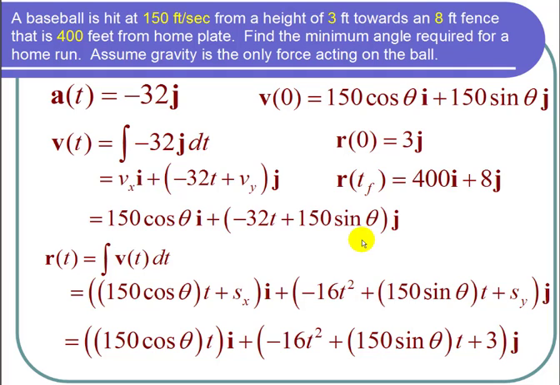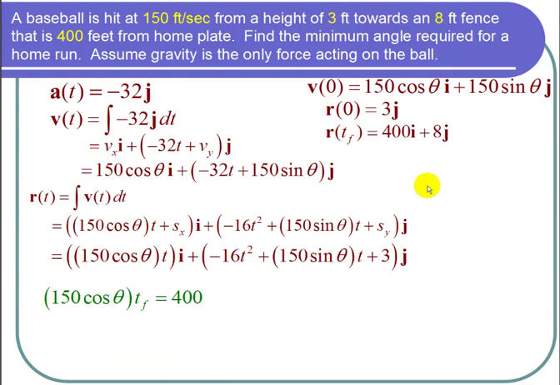So now let's use this t final condition. If we plug in t final, we're supposed to get 400i plus 8j. So if I plug in t final, here I get 150 cosine of theta times t final, and I set that equal to 400.